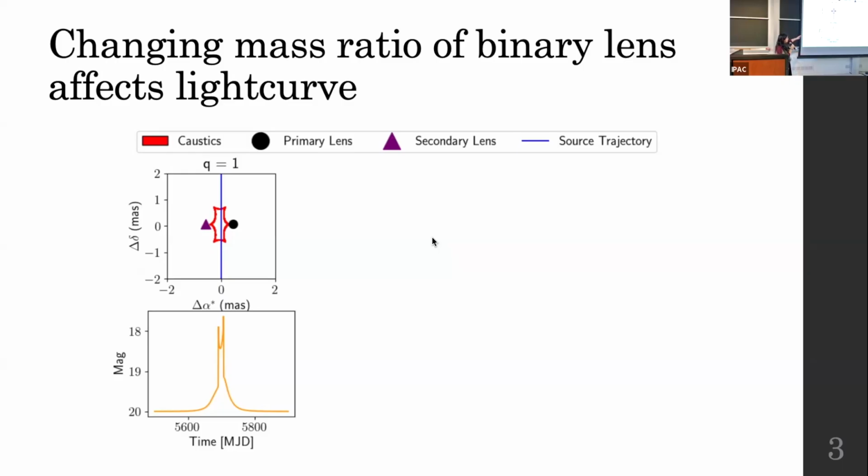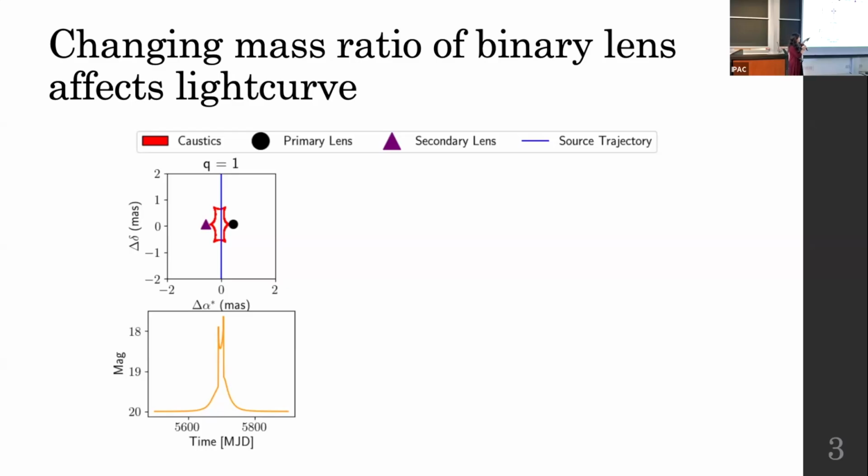To give an idea, this is an example of the geometry of a binary microlensing system, where in black is your primary lens, in purple is your secondary lens, and in blue is your source trajectory.